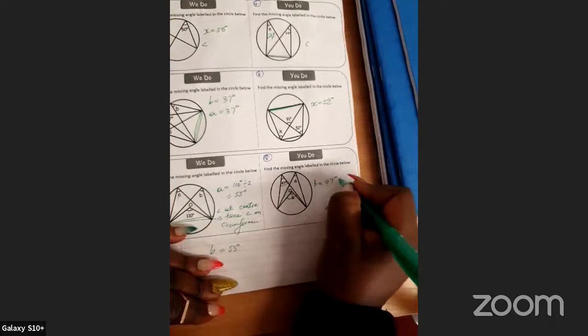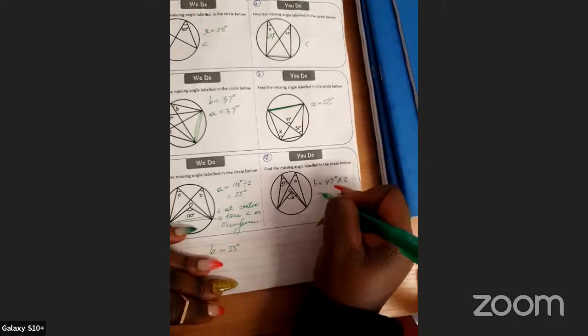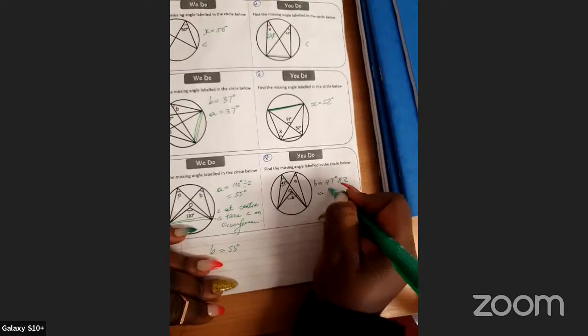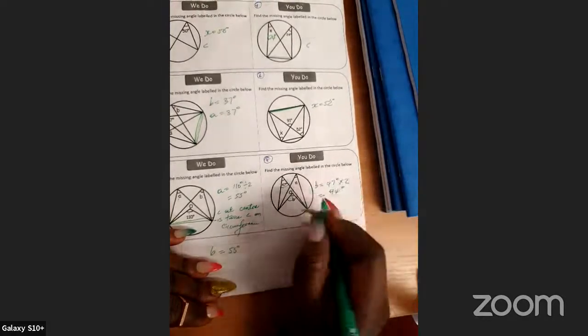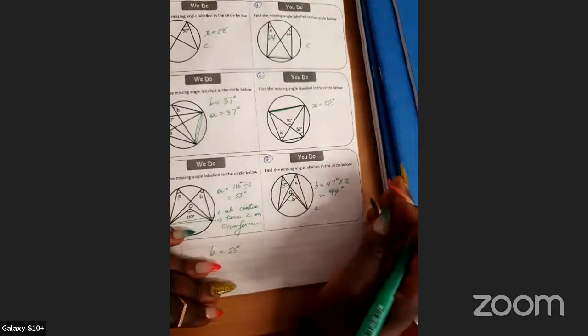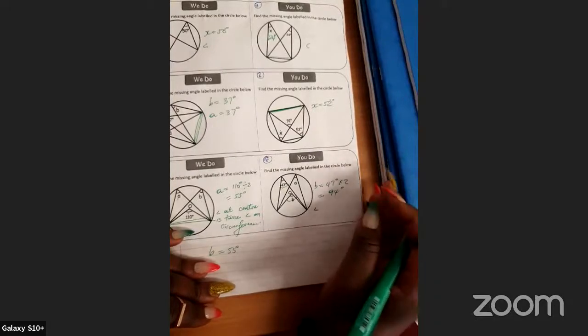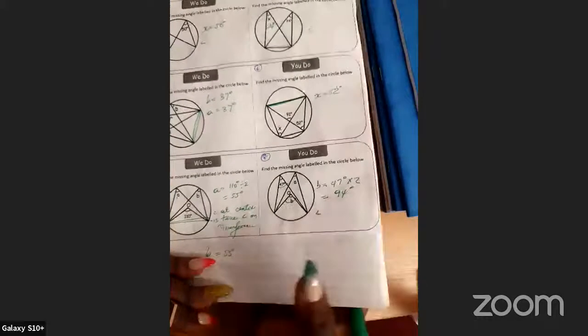So it's 47 degrees times 2, which gives us 94 degrees. Good. The angle at the center is twice the angle on the circumference.